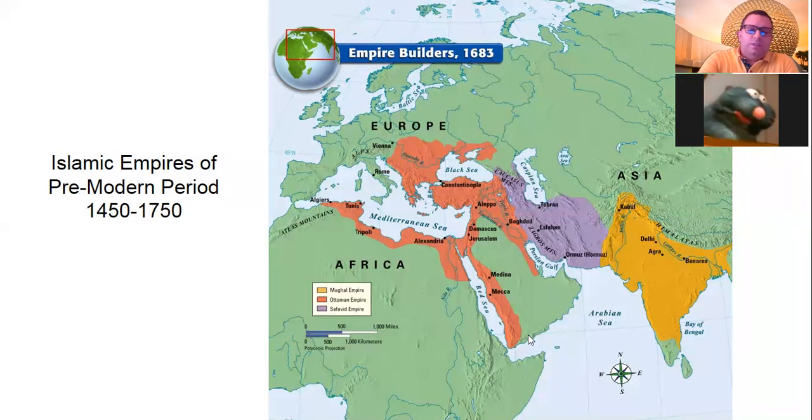And so you can see that the Ottoman Empire stretches even into North Africa. And then the Safavids are this area here kind of in between that are in purple. Now, of these 3, I would say that the Ottomans, obviously, were the largest. They were probably the most significant as well because of their role in world trade.